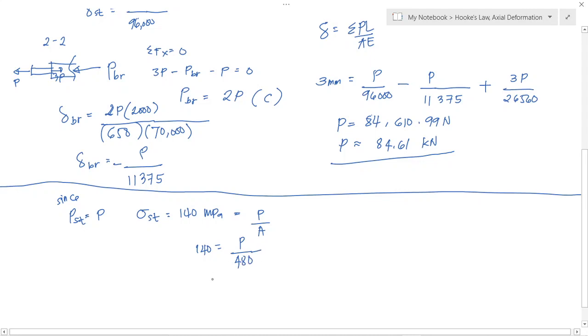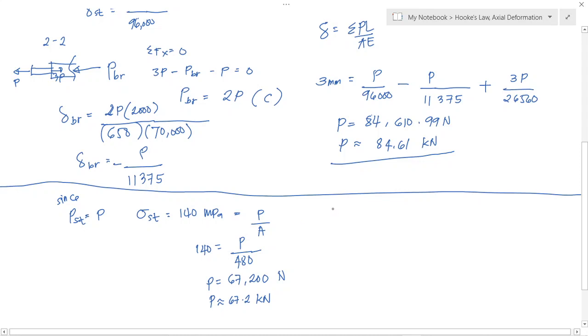So, the answer here is in Newton. So, P is equal to 140 times 480. So, that will be 67,200 Newton, or 67.2 kilonewton.